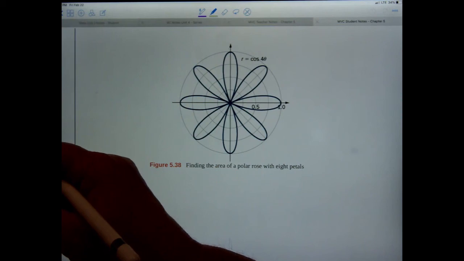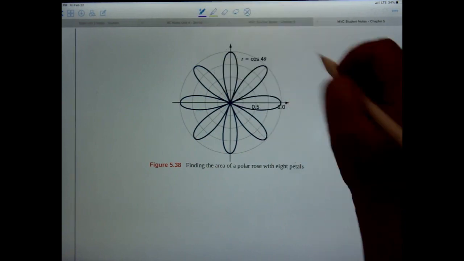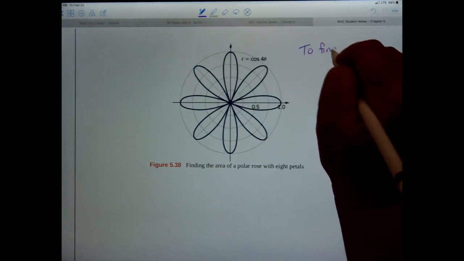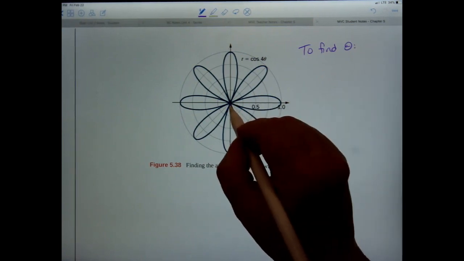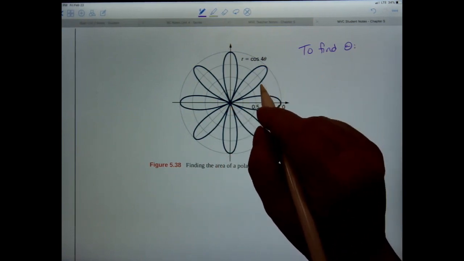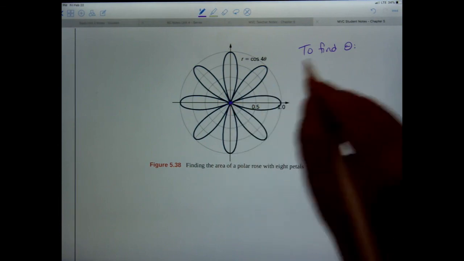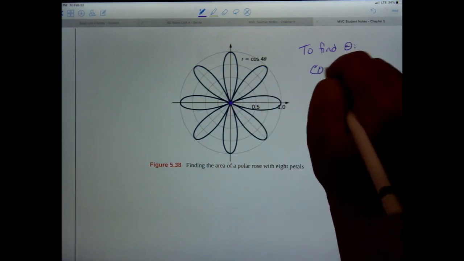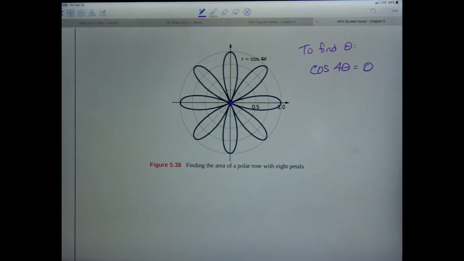So what you have to do is find your theta limits. Notice that every petal starts and stops at r equals 0, which is the center of the rose. So we take the equation and set it equal to 0. We want to know when it hits the origin. How do you solve this? Cosine inverse.